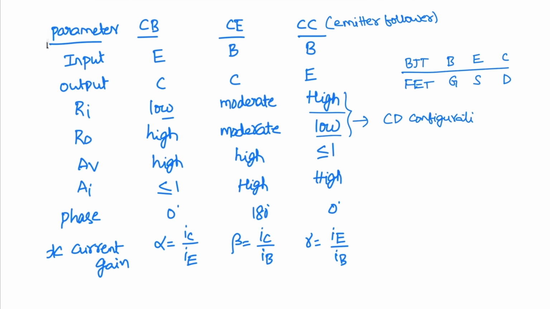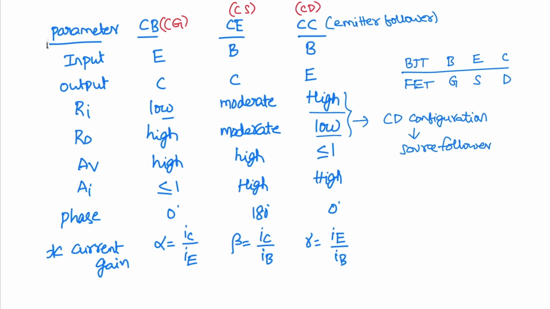In common collector, it is called the emitter follower. The common drain configuration is also called the source follower. In this common drain configuration, voltage gain is less than or equal to 1, and it produces 0 degree phase shift. So we can write common gate, common source, common drain.